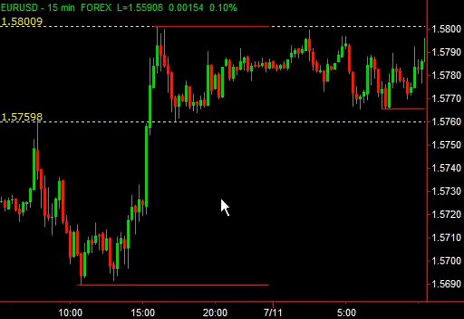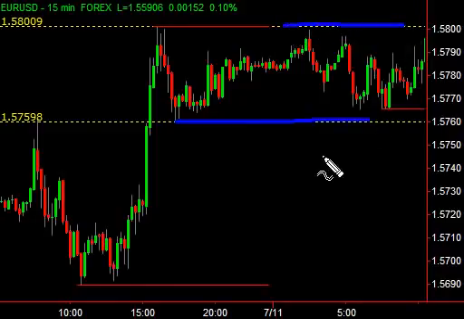The next thing that I want to note with the range is, is this range at an ideal location? What I'm looking for is for this range to be at the high end of the previous day's high-low range. So these solid red lines, these are the previous day's highs and lows.